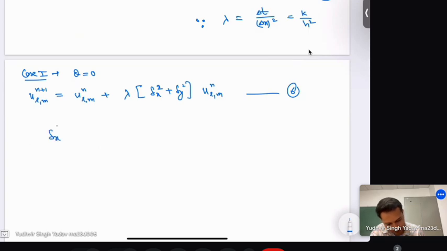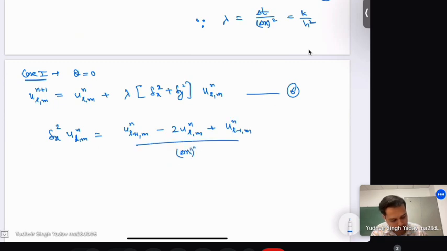That is, delta x square of u is nothing but the second order central difference scheme with respect to the x direction. So I will write for x: u_{l+1,m}^n minus 2 u_{l,m}^n plus u_{l-1,m}^n by delta x square.